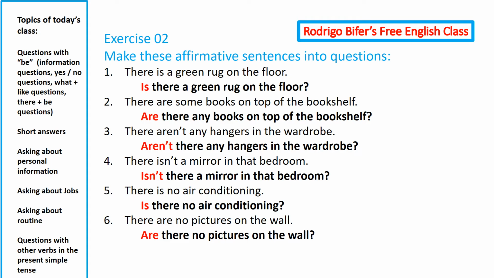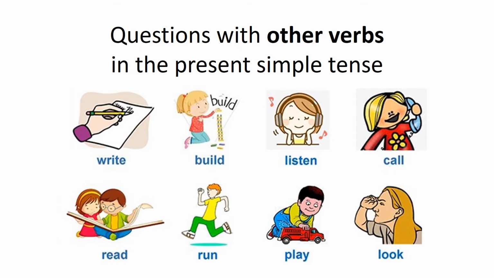Okay, now the class gets really interesting, because now we're going to talk about questions with other verbs. That's right. Okay, we're not just looking at verb to be anymore. Is, are, am. Now I'm interested in other verbs. Of course, there are so many verbs in English.